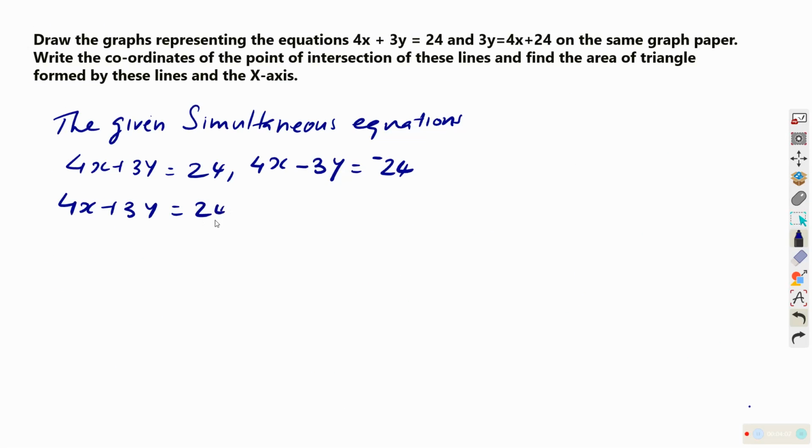Here is a question on simultaneous equations that can be solved through graph. I am copying the details. It is given that x plus 3y is equal to 24, and x minus 3y is equal to minus 24.